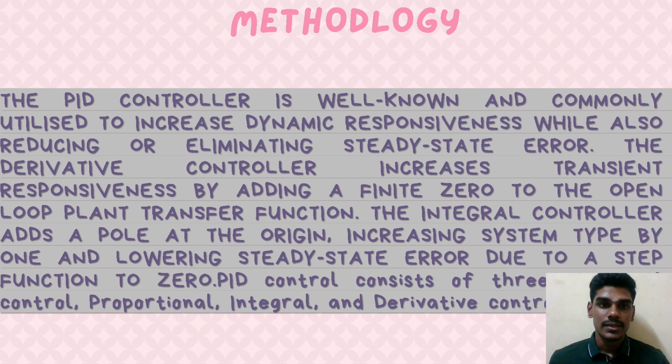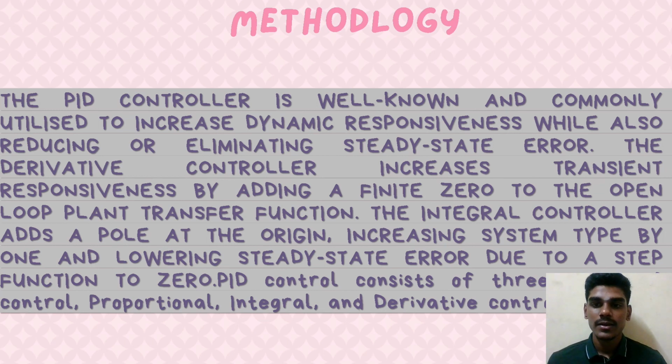Methodology. The PID controller is well known and commonly utilized to increase dynamic responsiveness while also reducing or eliminating steady state error. The derivative controller increases transient response by adding a finite zero to the open loop plant transfer function.